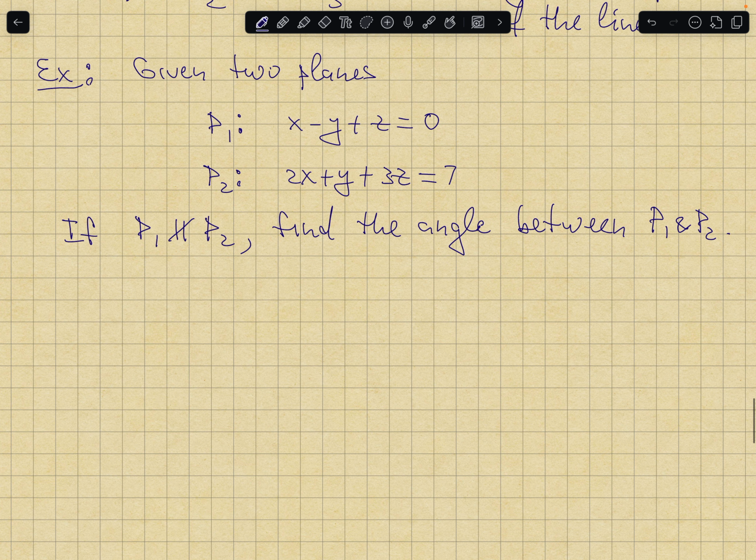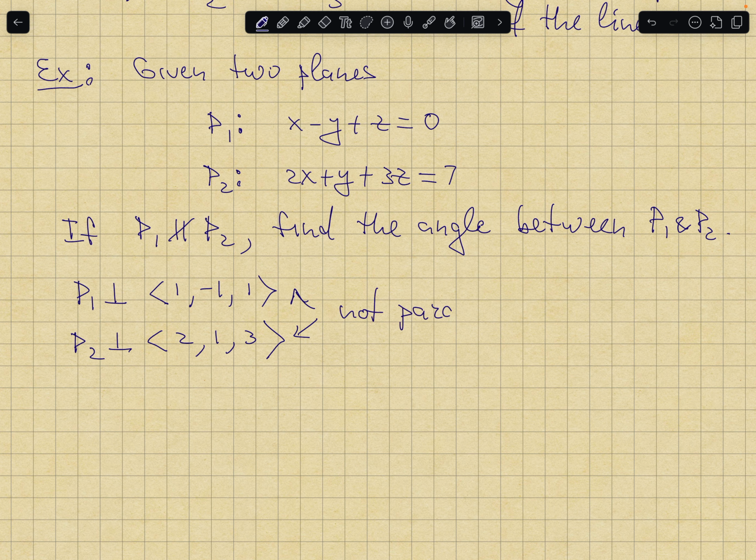Okay, so is P1 parallel to P2? P1 is perpendicular to vector 1, minus 1, 1. P2 is perpendicular to vector 2, 1, 3. So clearly these two vectors are not parallel, right?